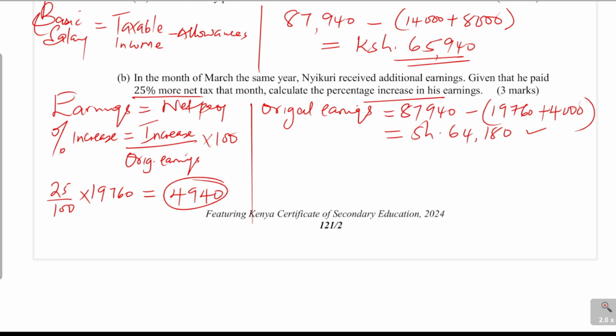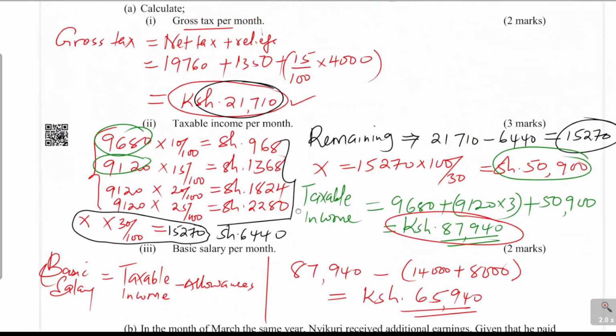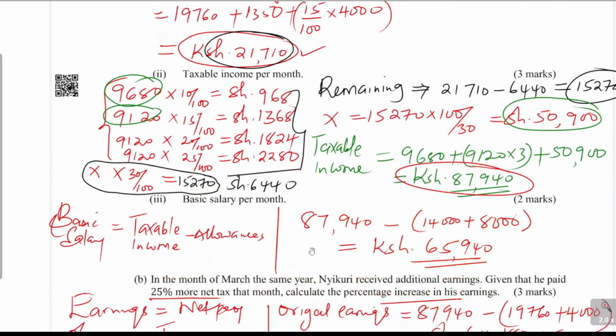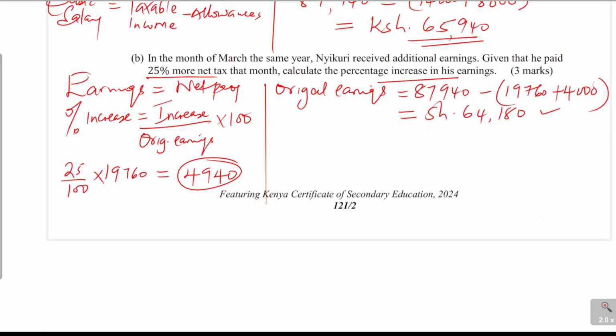What amount of money was taxed in order to give this particular tax of 4,940? Because this was an increase, automatically it will fall in the last band, and the rate of taxation in the last band is 30%. So we are going to get the income, the amount of money that was taxed in the last band, to be X. When it was subjected to the rate of 30%, it resulted in this increase in tax of 4,940.